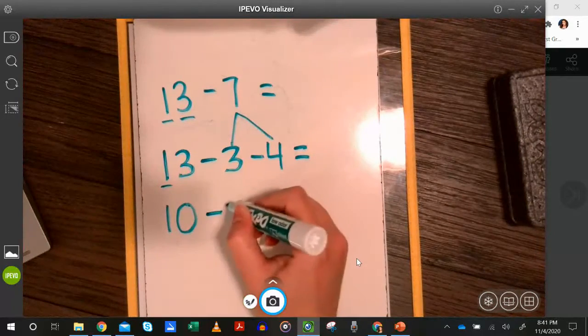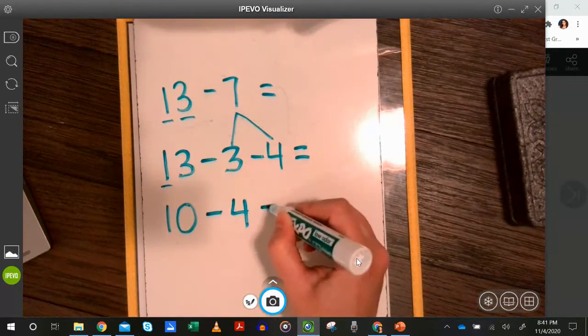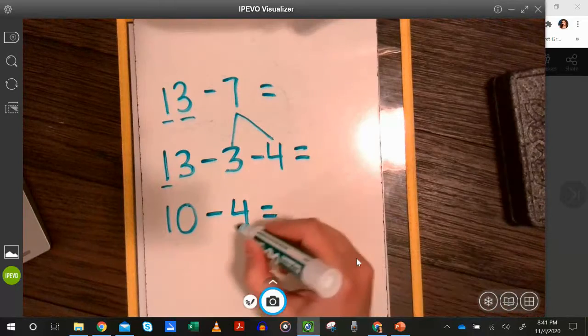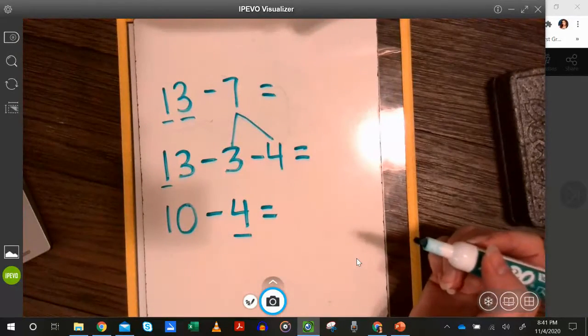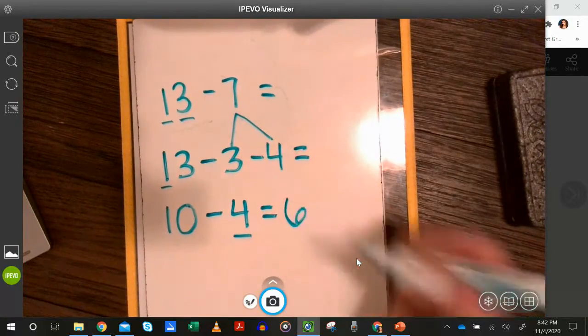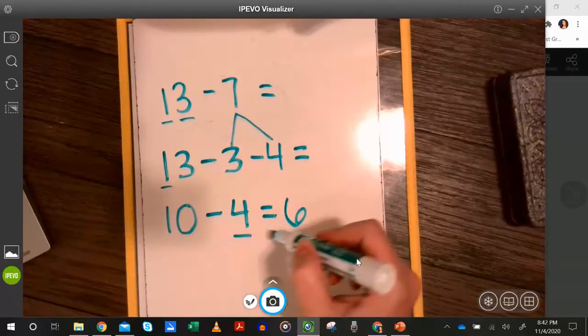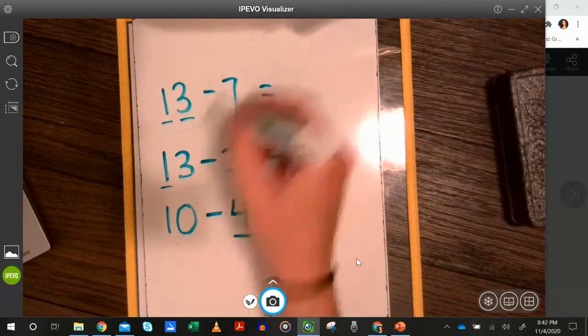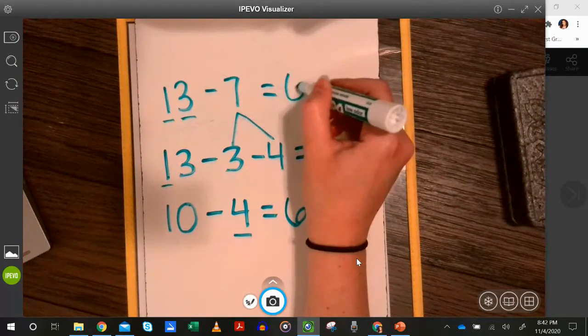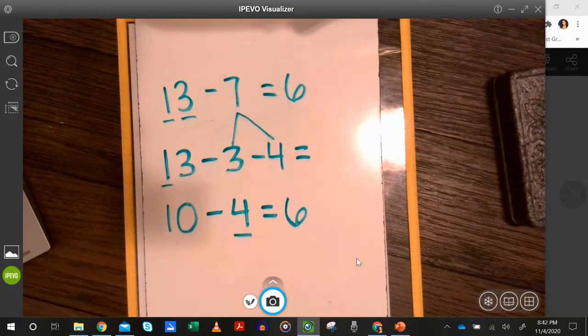And then we still have to take away our 4. So 10 minus 4. What is 4's 10 buddy? 6. Good job. Okay. So 10 minus 4 is 6. And that came from here. So 13 minus 7 is 6.